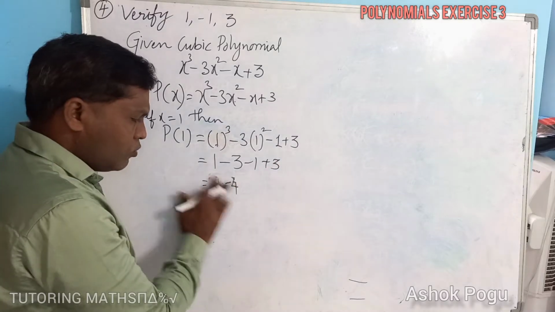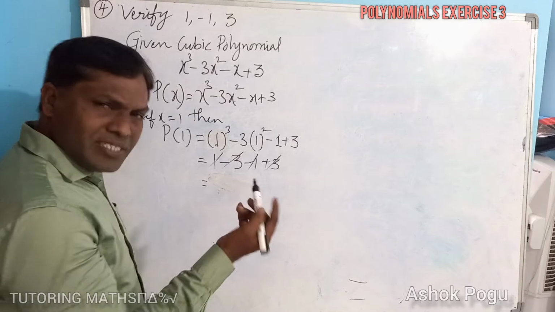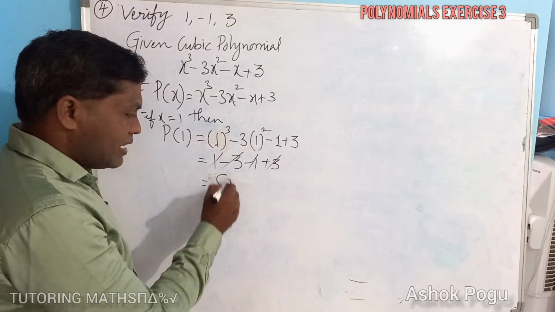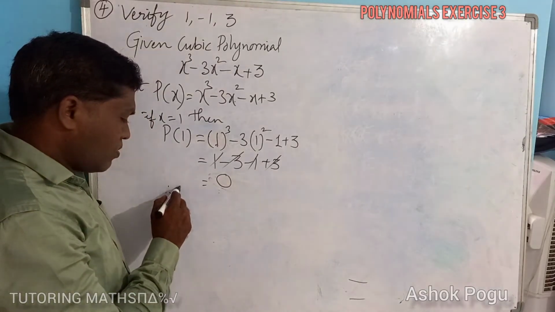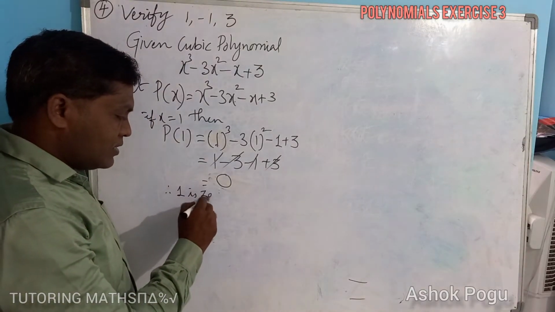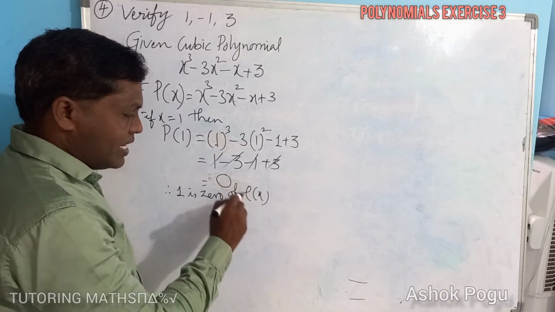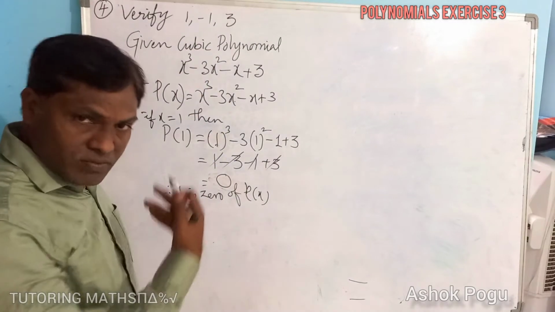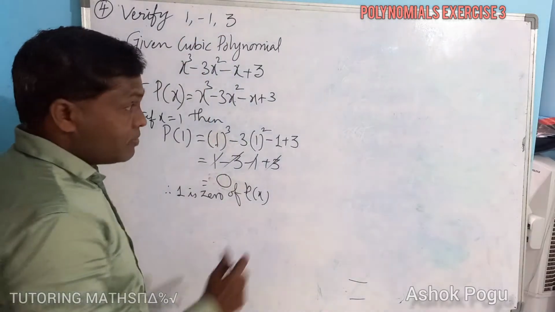Or simply, minus 1 plus 1 gets cancelled, minus 3 plus 3 gets cancelled. It is an easy way, and the result is 0. Yes, therefore 1 is a zero of p of x. We have verified that 1 is a zero, and next we go to -1.